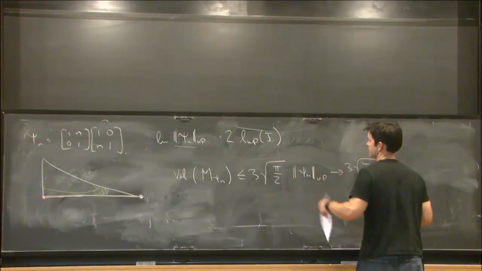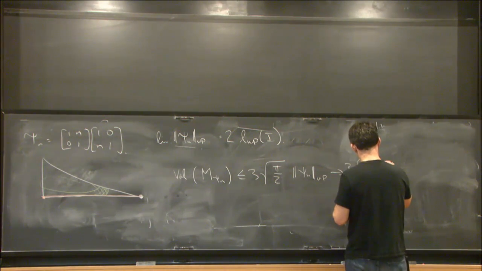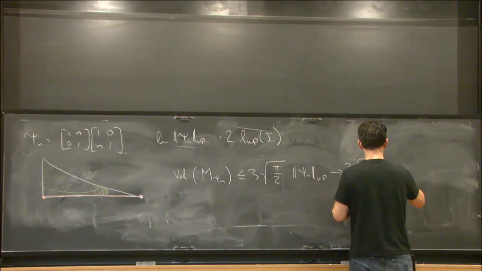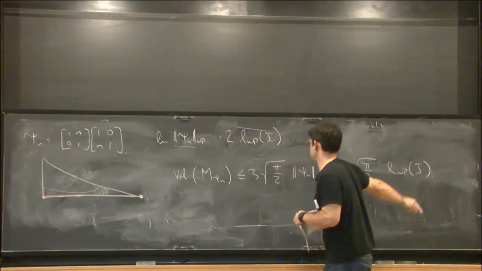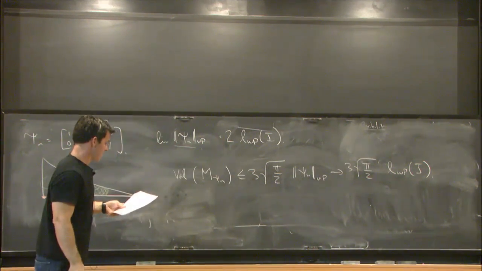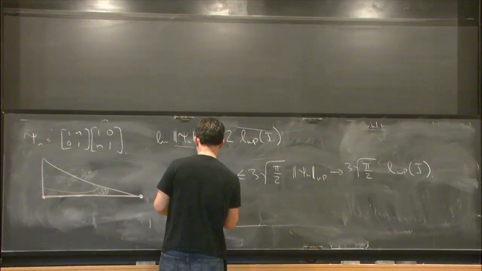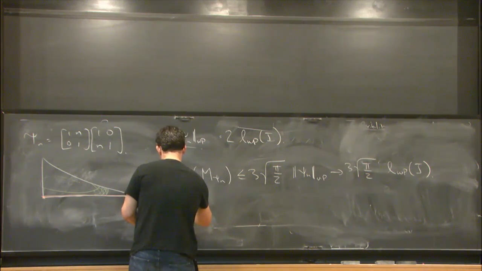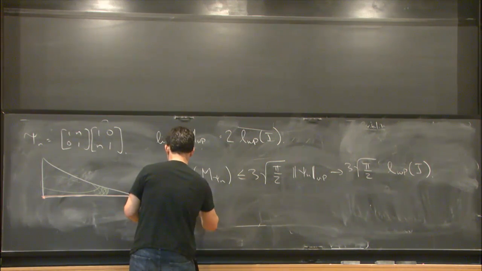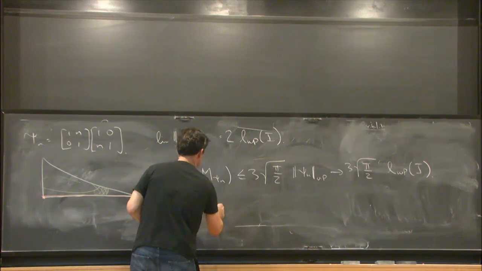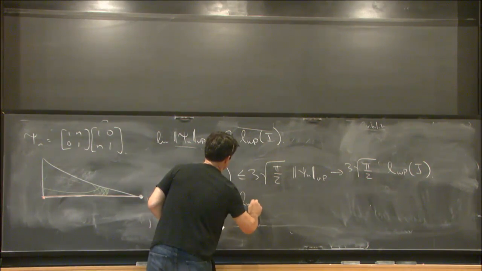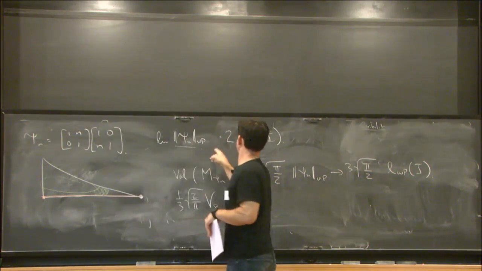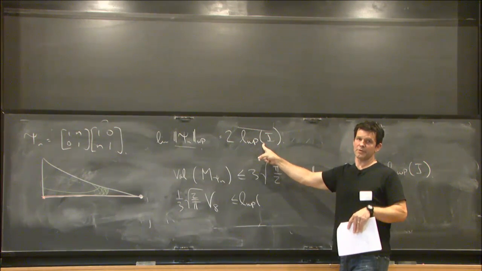Here we have no area term because we're just in the Teichmuller space of the punctured torus, so it's just 2 pi. That's the length in the Weil-Petersson metric of the imaginary axis. So you get a Weil-Petersson inradius of Teichmuller space bounded below by 1/3 root 2 pi times the volume of the ideal octahedron, because this manifold in the limit is just the complement of the Borromean rings.